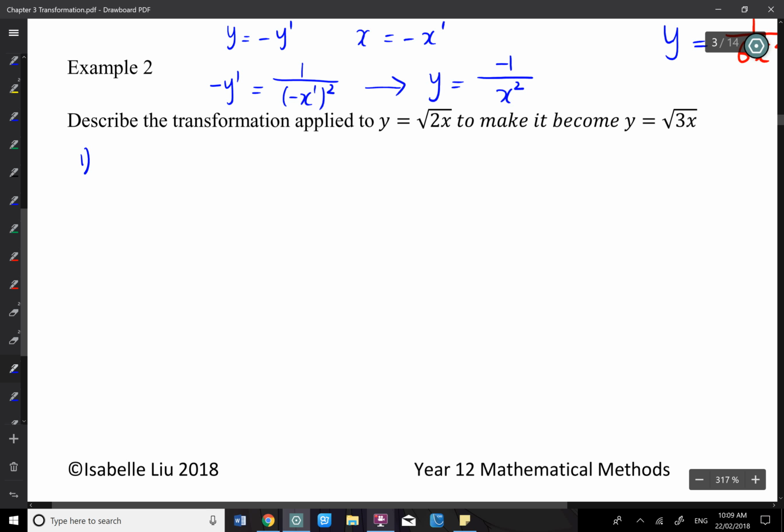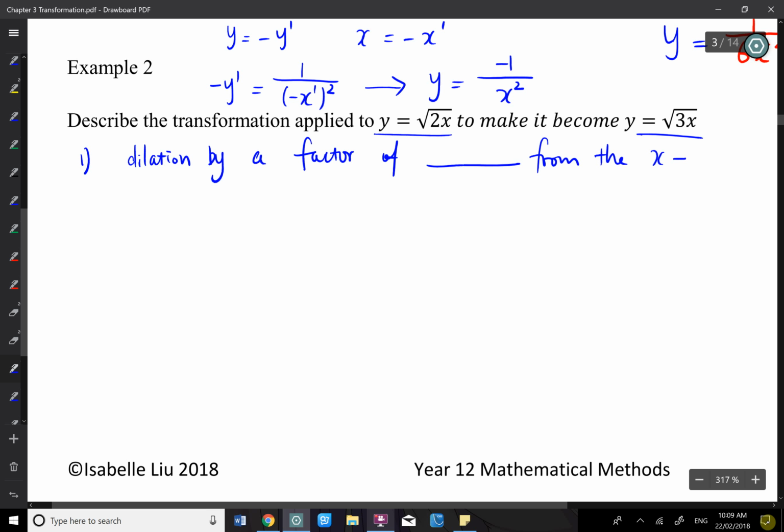The first one is this equation to this equation undergoes a dilation by a factor of what from the y-axis first.